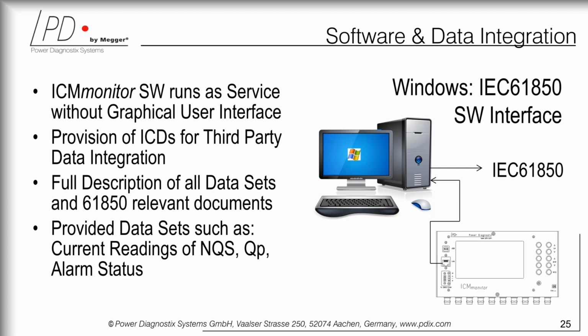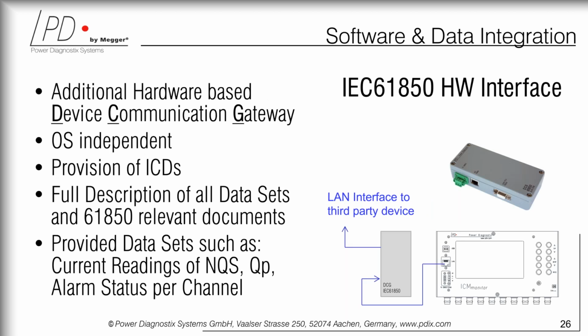Mainly people are getting via 61850 the NQS, the QP, the alarm status, and after that they tend to dial in to see in detail screens that I presented previously. Another way to actually connect to the device is via this DCG 61850 module. This can be purchased, of course, from us.